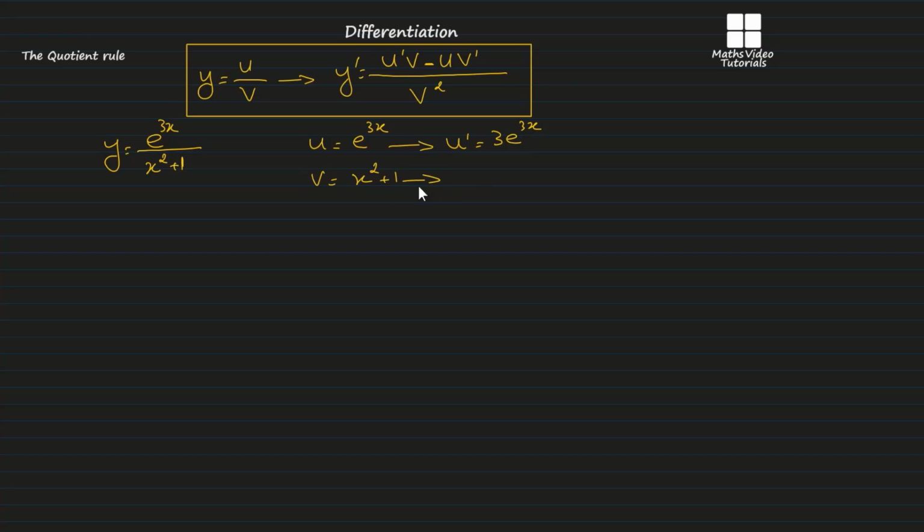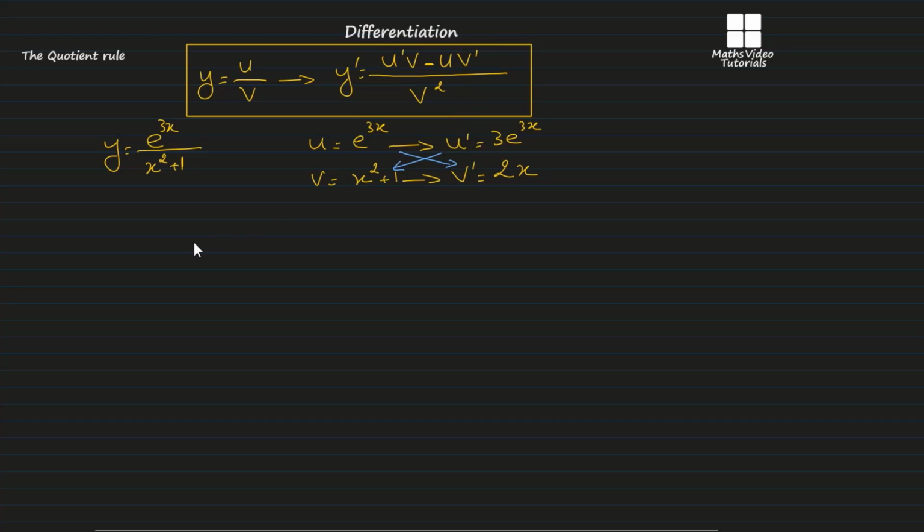And we are going to do the same to v. We're going to differentiate v to get 2x. Again, similar to what we did with the product rule, you notice there is a cross multiplication here. So this one multiplied with this one, and this one multiplied with this one. The only difference with the product rule is that we have a minus instead of plus here.